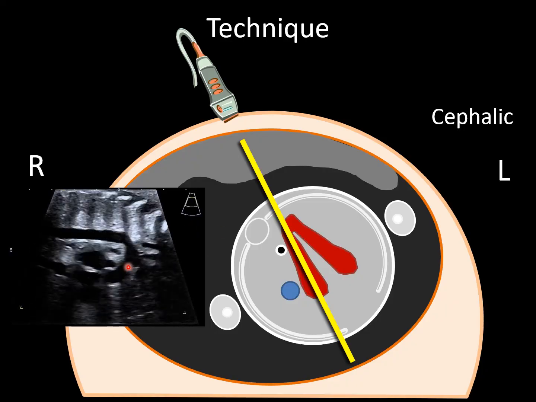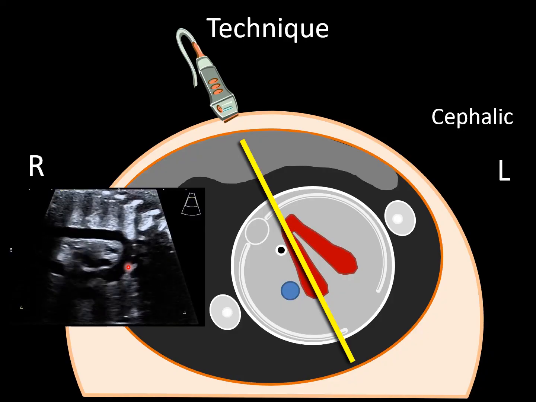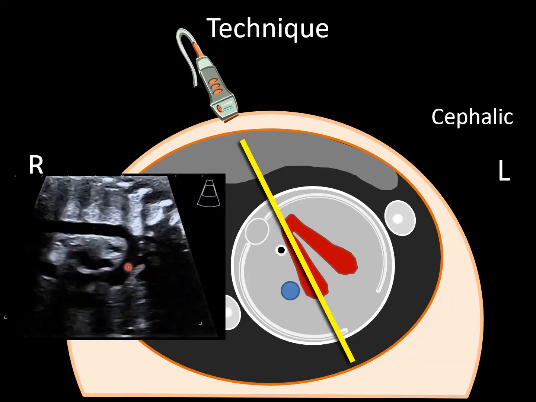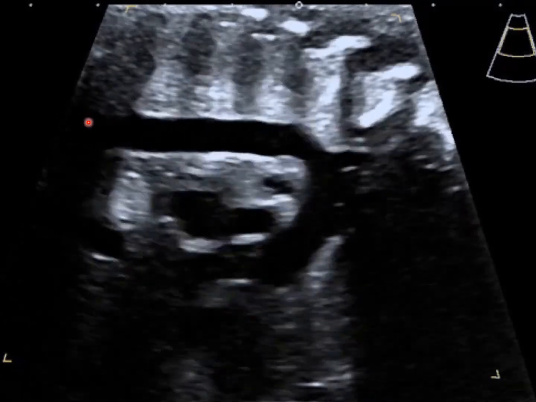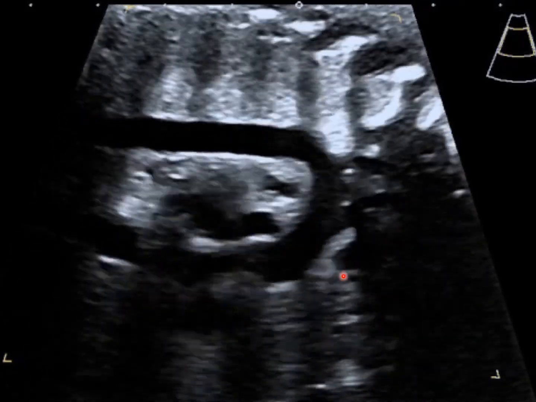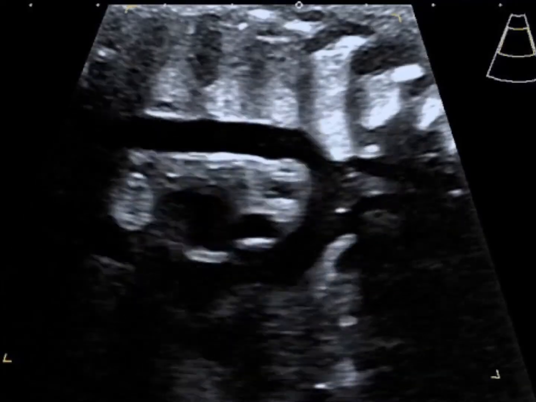This is almost always achievable when the fetus is in a good position and the spine does not obscure the long axis of these vessels. This is the method that I find most reliable in achieving this particular view of the aortic and ductal arches.